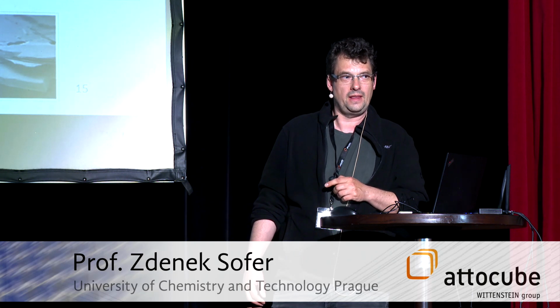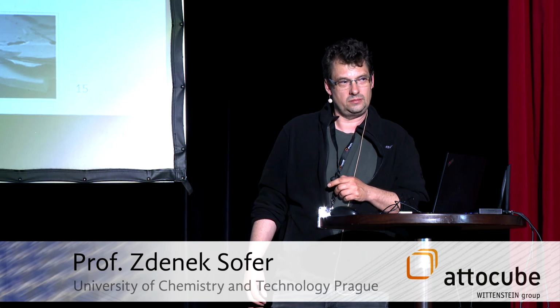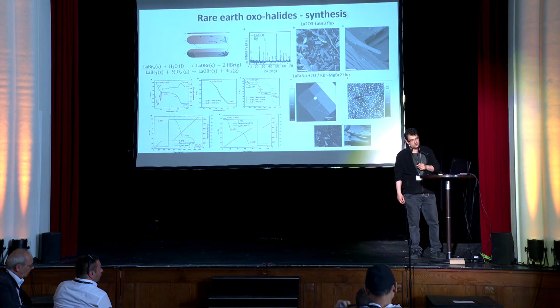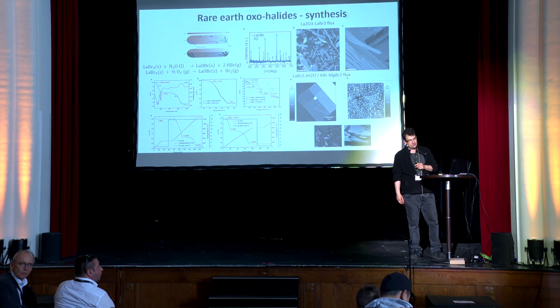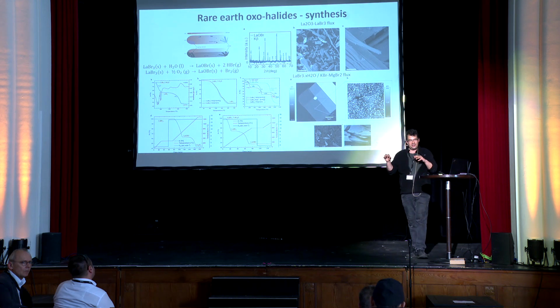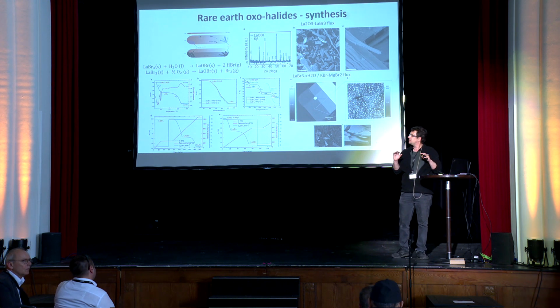I see. I had a sense that these halides are generally moisture sensitive, but it's not. It really depends on the materials, I guess. Yeah, when there is oxygen, it's already partially hydrolyzed, and it's quite stable.